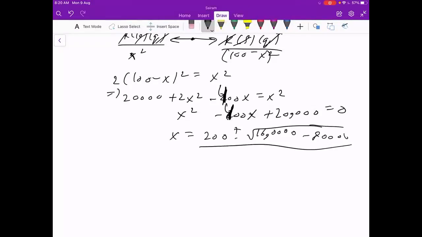By 2a is equal to 200 plus minus. I'll just take these out first, and then I'll take out 2 root 2. So that's 200 root 2 outside, and inside we have root 2 minus 1.